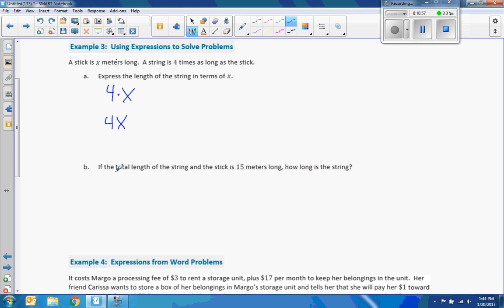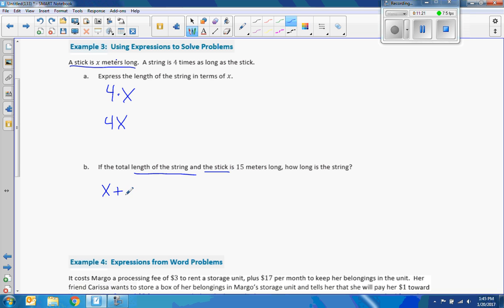Now it says if the total length of the string and the stick is 15 meters long, how long is the string? Okay? The total length of the string and the stick. Well, what is the length of the stick? A stick is x meters long.